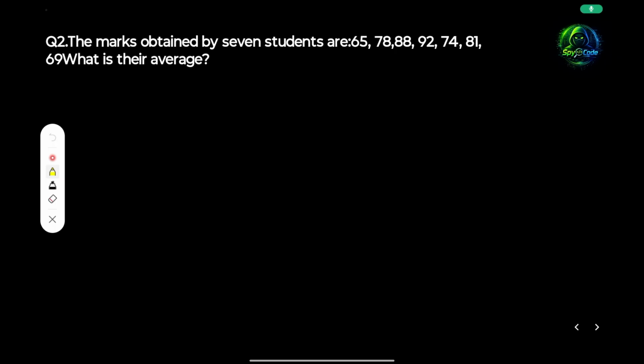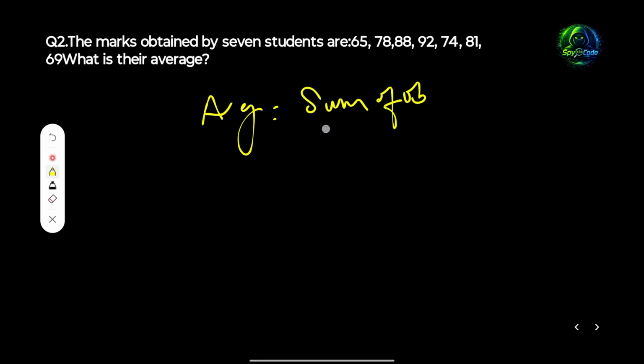Question number 2, the marks obtained by 7 students are 65, 78, 88, 92, 74, 81 and 69. We need to find their average. So average is equal to sum of observations divided by number of observations.